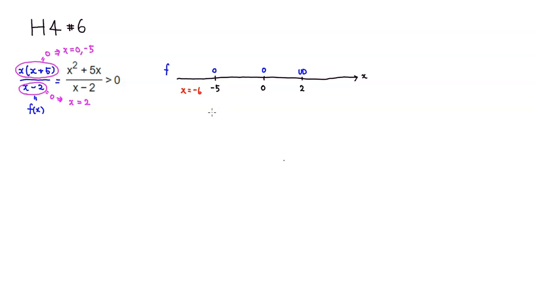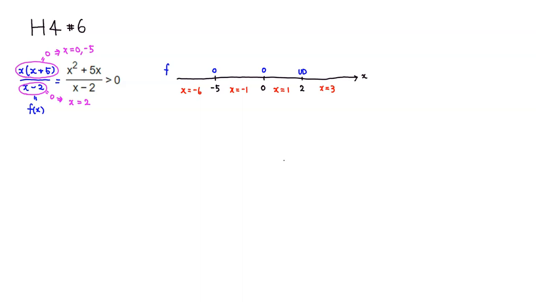Between -5 and 0, I like -1. Between 0 and 2, I'm going to try x equals 1. Anything bigger than 2, I'm going to take x to be 3. I'm going to check those sample points to see whether the function is positive or negative.